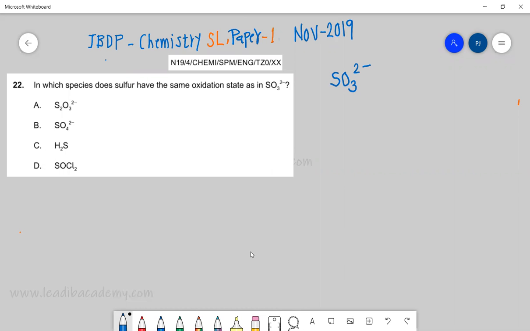Assume sulfur is X. Oxygen in oxides is -2, so 3 oxygen atoms into -2. The overall charge on this sulfite ion is -2. So X minus 6 is equal to -2, which implies X is equal to +4.